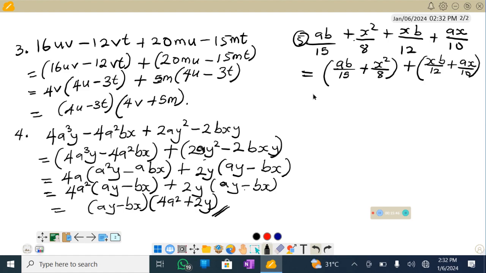Okay, so with that now, we ask ourselves what is common here. So 15 and 8. Do we have anything that is common? No. And AB and S square. Do we have anything that is common? No. So when there is nothing common here, that means we can rearrange this whole thing before solving.